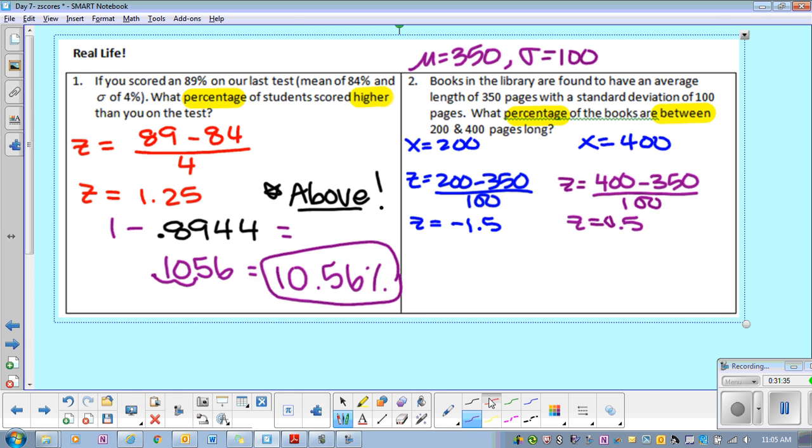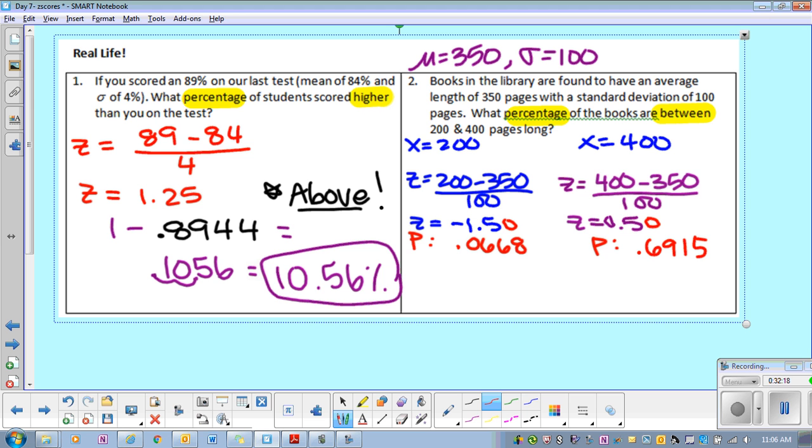Now, find the probability for each of these. What's the probability for negative 1.5? 0.0668. What's the probability for 0.50? 0.6915.